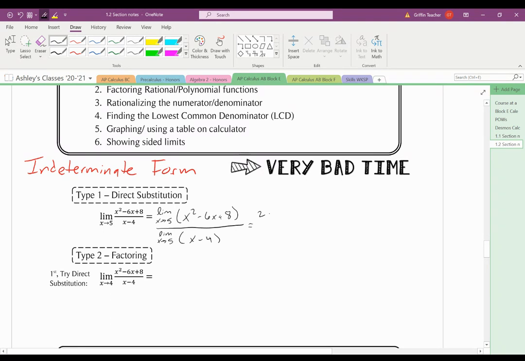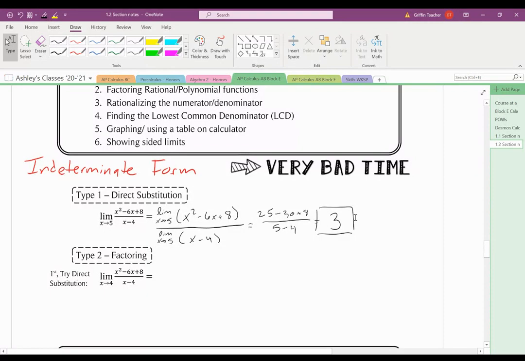So here we will get 25 minus 30 plus 8 all over 5 minus 4. So I can see my denominator is just going to be 1, so I can just really focus on my numerator. So 25 minus 30 gives me -5. -5 plus 8 gives me 3.